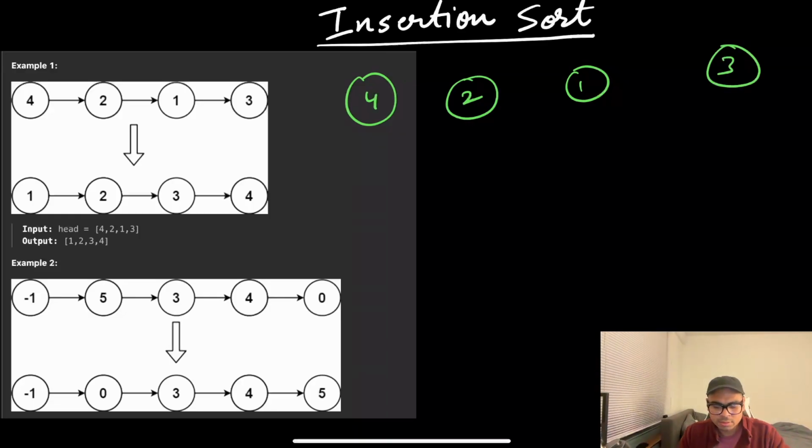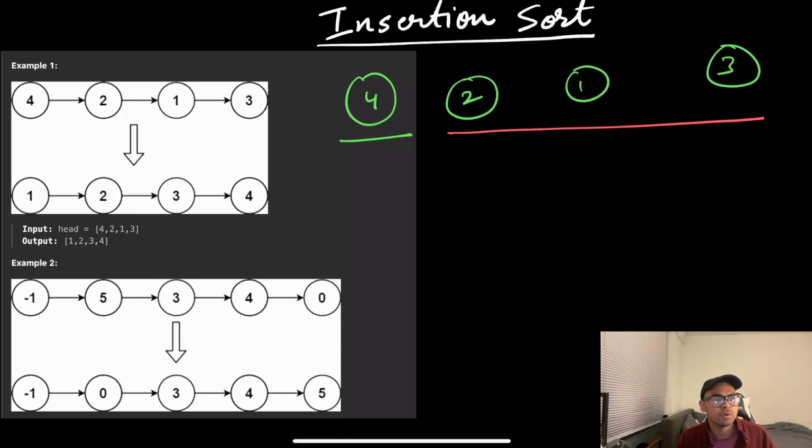In insertion sort, one part of the list is sorted and another part is unsorted, and then we pick one element from the unsorted part and place it into the sorted part at the right position. How? Let's say this is the unsorted part for now, and this is the sorted part.